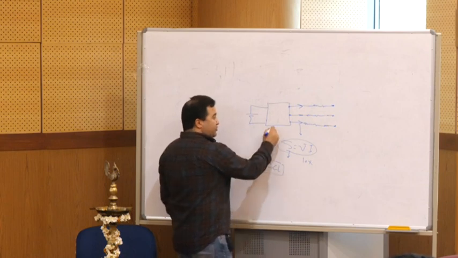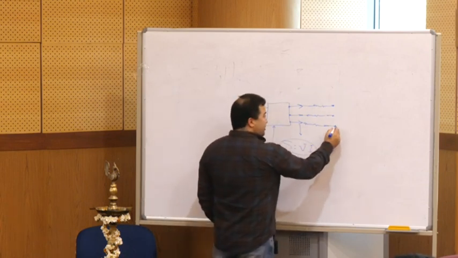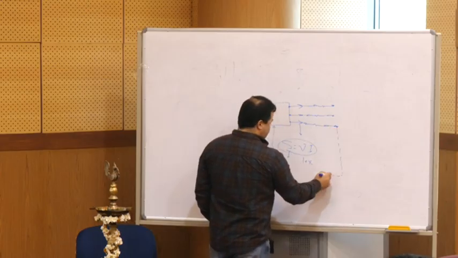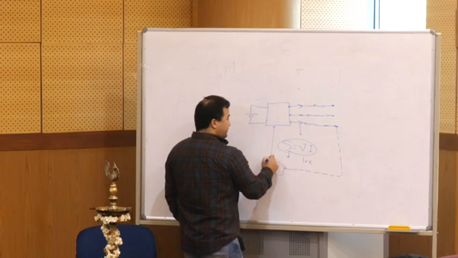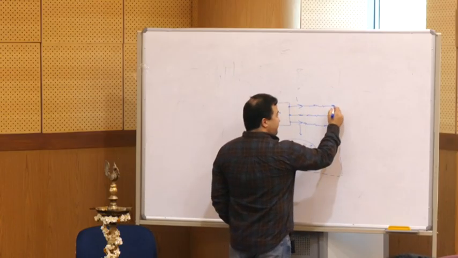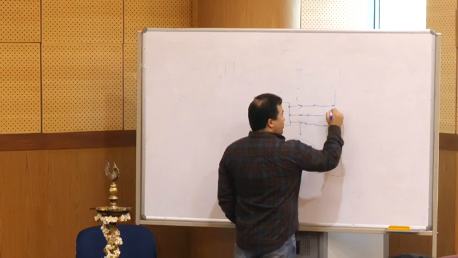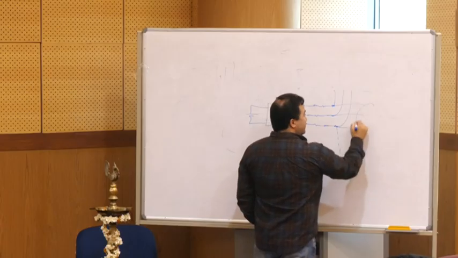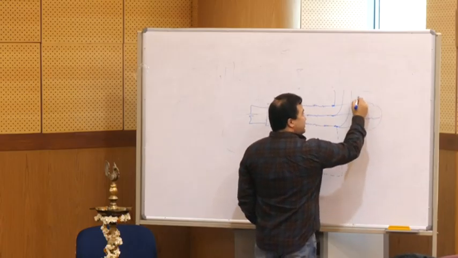Based on what I need in the grid or load, I can give the order to the converter, and the converter injects. For example, this is the grid, and this is the load, and the load is 10.